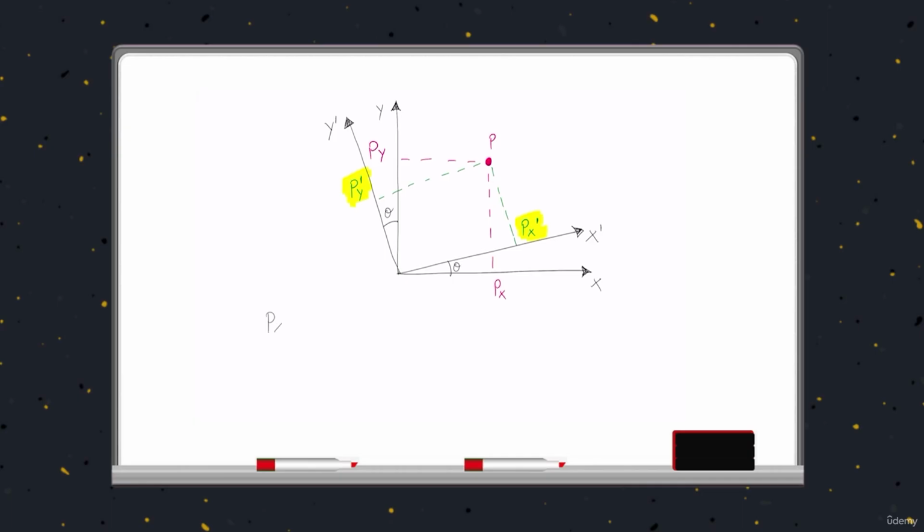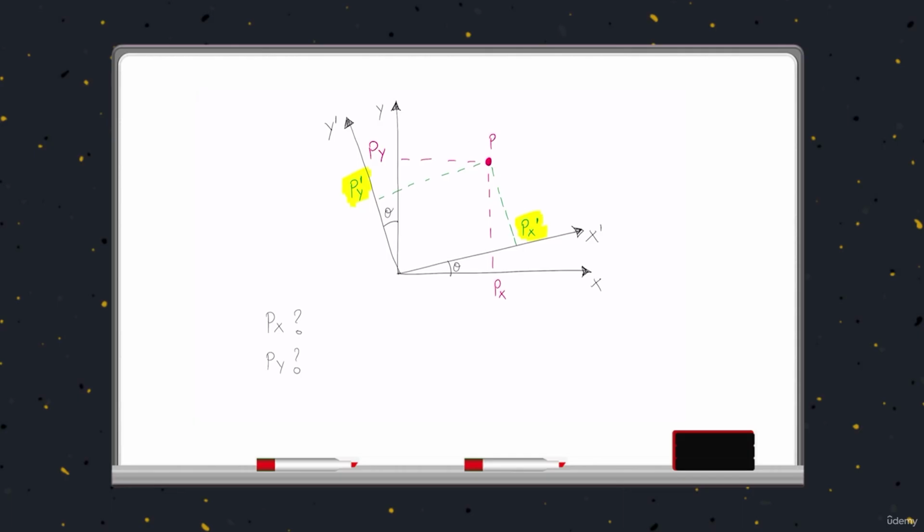The question is, how can we calculate the position of P in the world reference frame, and so the coordinates px and py, only by knowing the coordinates of P in the rotated reference frame, px' and py', and also just by knowing the displacement angle theta between the reference frame R and the reference frame W.